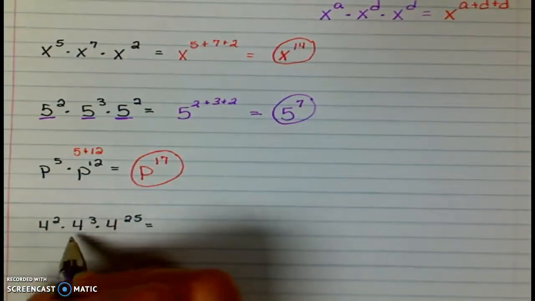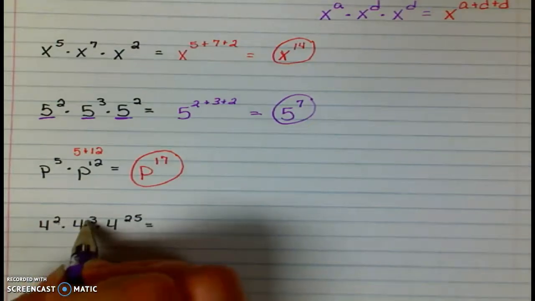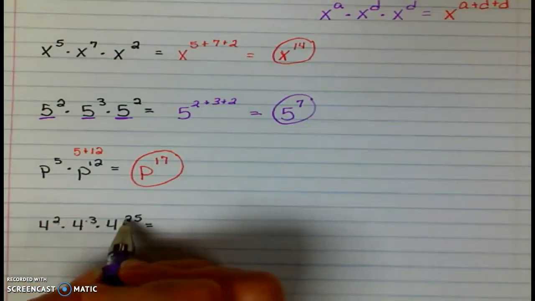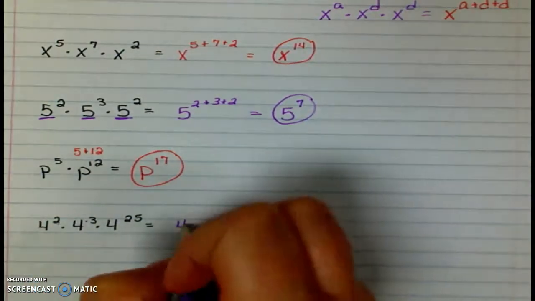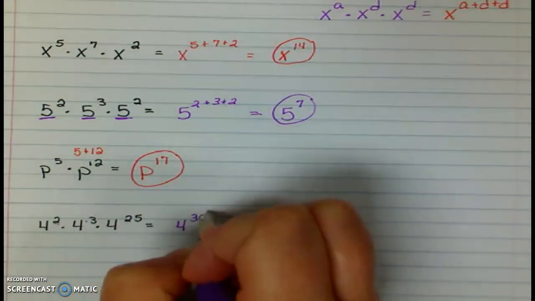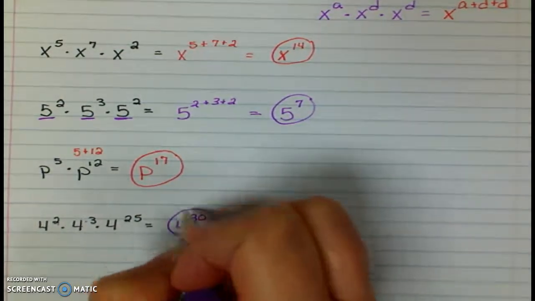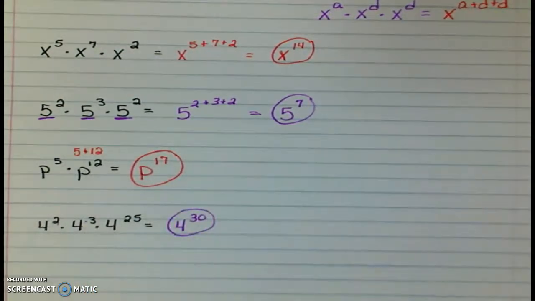So we're going to add those exponents. 2 plus 3 is 5, plus 25 is 30. So it simplifies into 4 to the 30th power. They just want it simplified in exponential notation, which is that base raised to that power. Because I'm pretty sure on this one, you don't want to take 4 times 4 times 4 and do that 30 times.